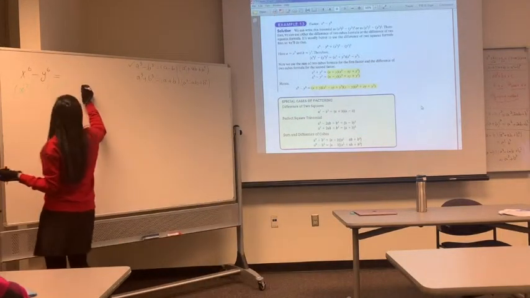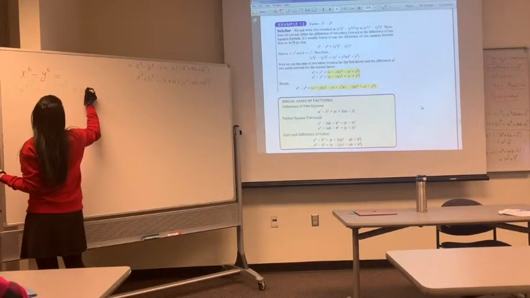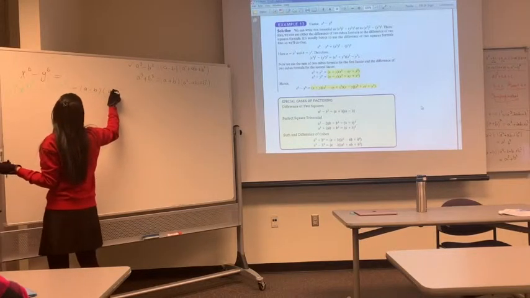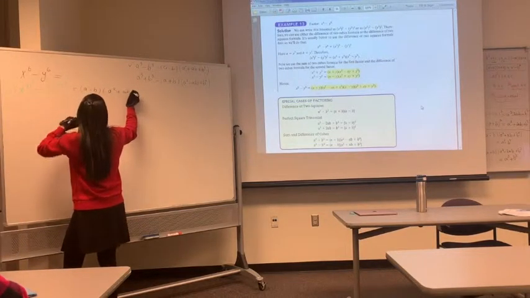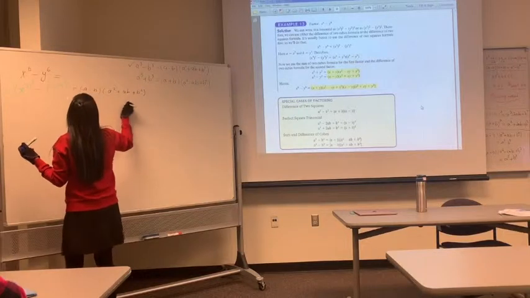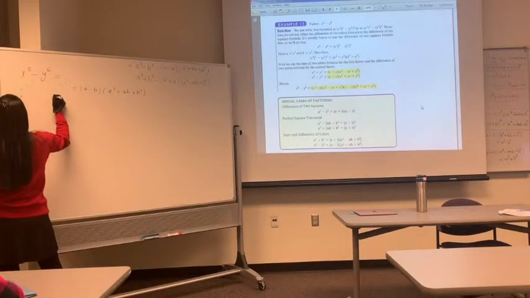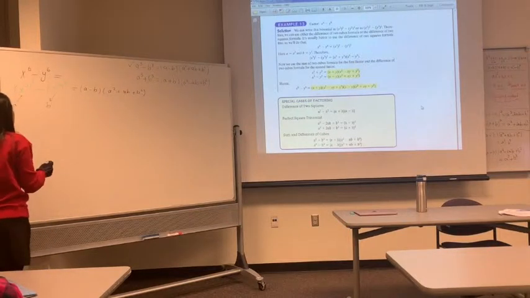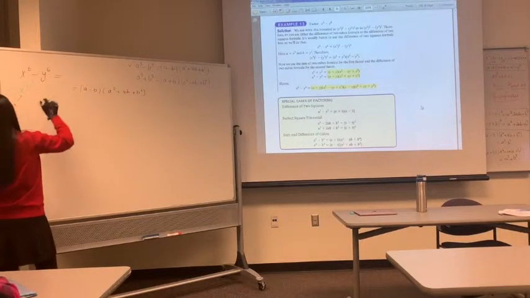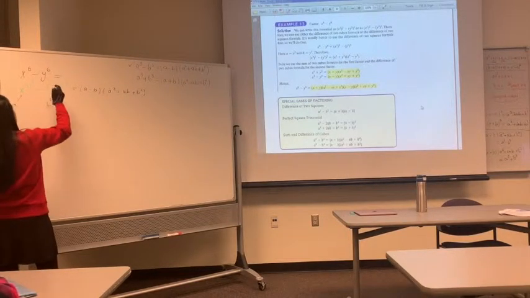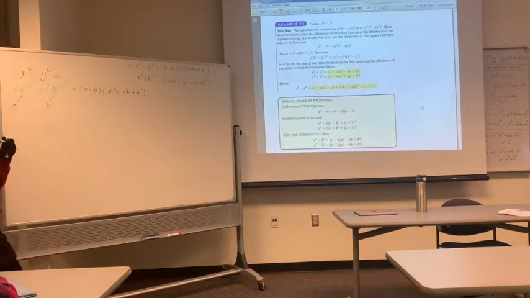So let's just write down the form: (a minus b) multiplied by (a squared plus ab plus b squared), and then we should mention that this one is a, this one is b. Oops. Correct? Now it's correct.